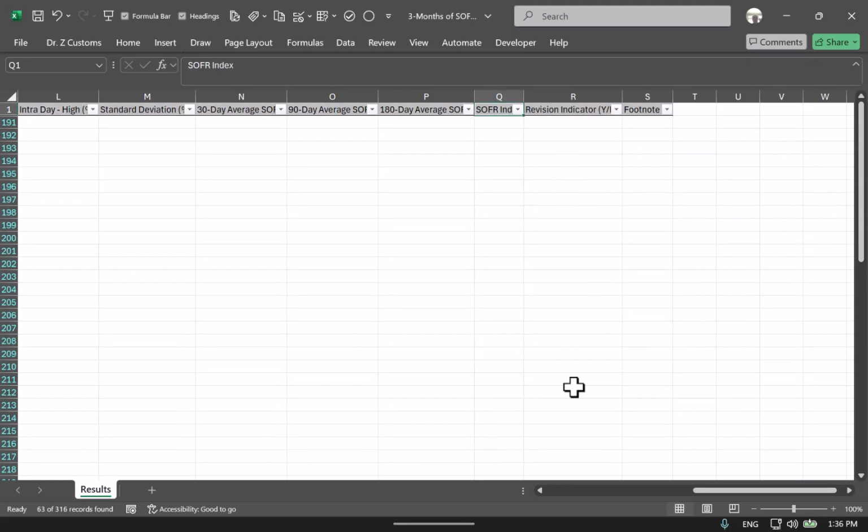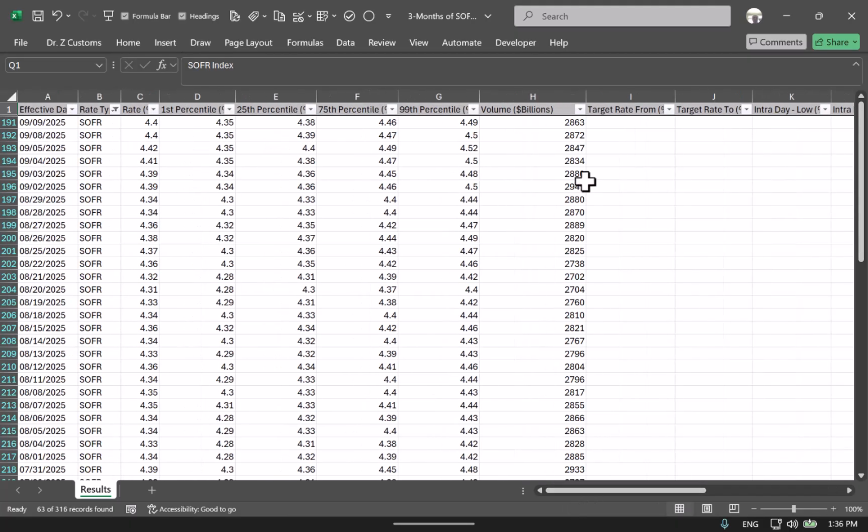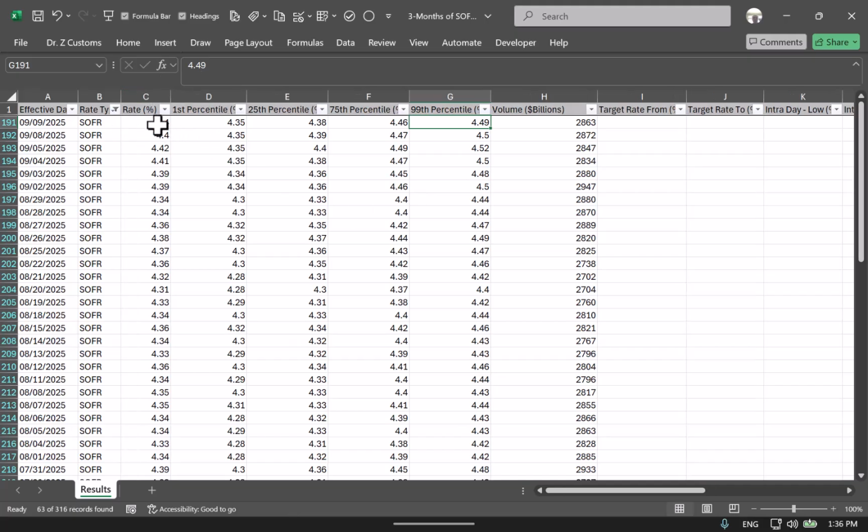I don't know why they're not calculating the averages, but they should. I mean, currently the overnight rate is about 4.4%. These are going to be actually useful when we talk about short-term interest rate management.